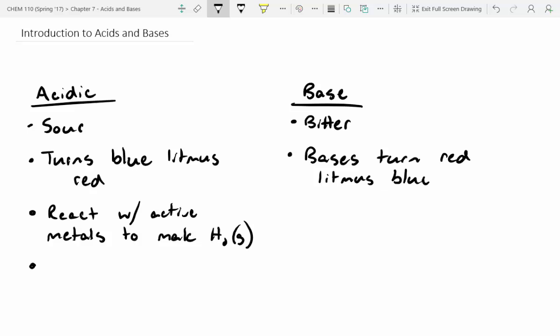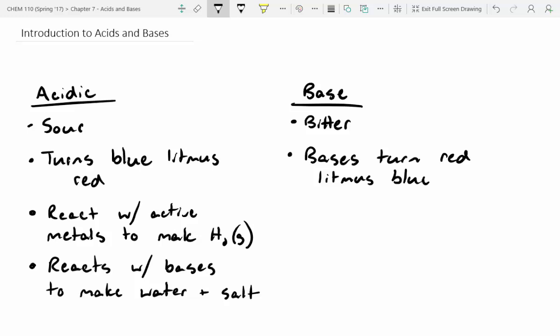You can also react an acid with a base. And this will make water and a salt. So for example, when you guys took sodium carbonate and sodium bicarbonate in the carbonates lab, you put in HCl, right?